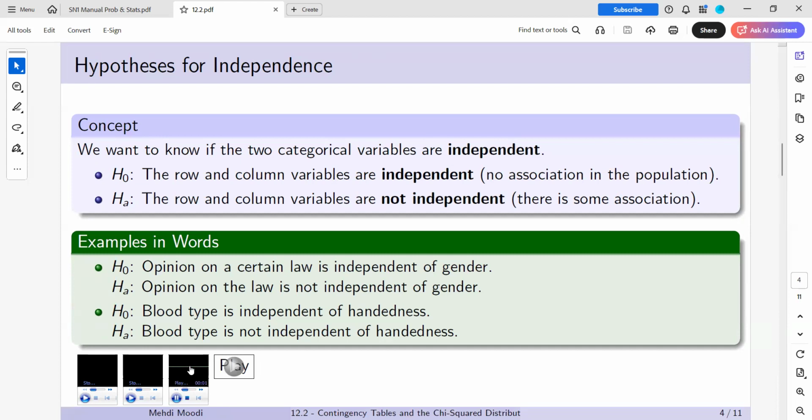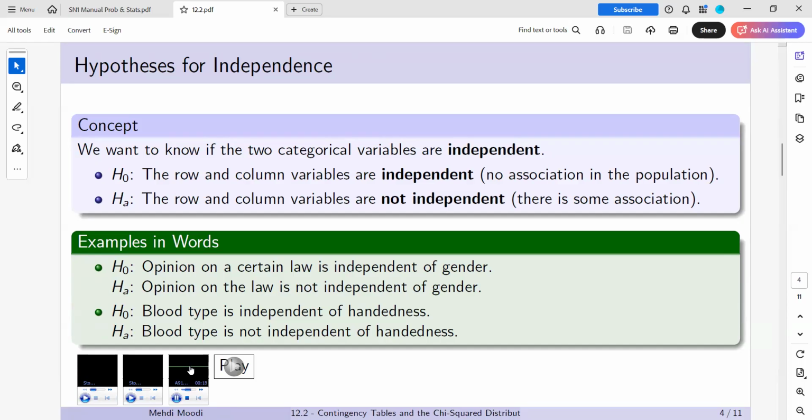You can also think about dependence from a conditional probability perspective. Does knowing one's blood type change our idea about the probability of left-handedness? If that's the case, blood type and handedness are associated.